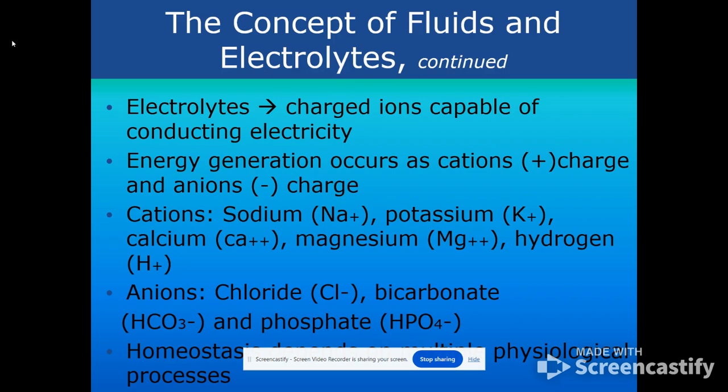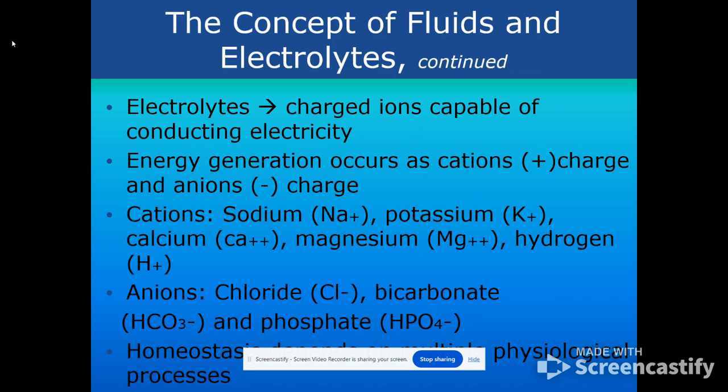Homeostasis is where the multiple physiological processes are in balance. That means the fluids within your body and the electrolytes are all copacetic, all in balance. When you have somebody with an imbalance, it can have massive effects on the patient.